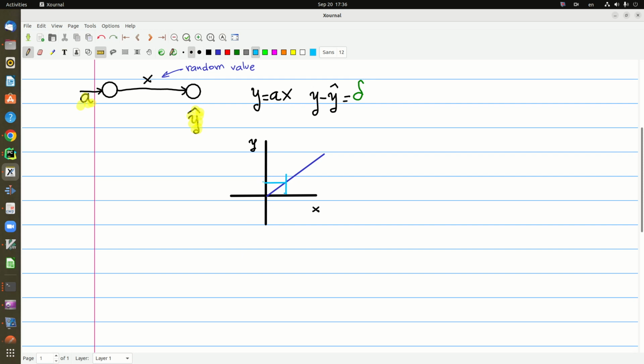And let's assume that this is the best value for y. In other words, this is y hat. What we are looking for is this value of x.